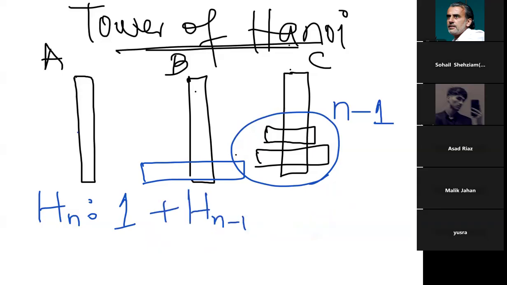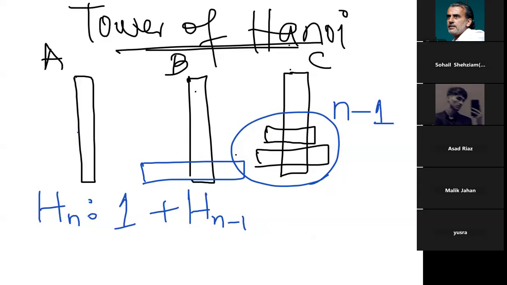So we have moved the top n minus 1 disks from tower A to tower C. So H subscript n minus 1 represents the number of moves required to move n minus 1 disks from one tower to another.